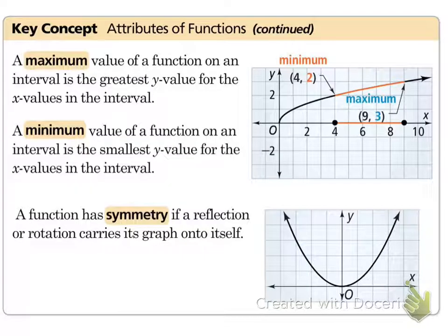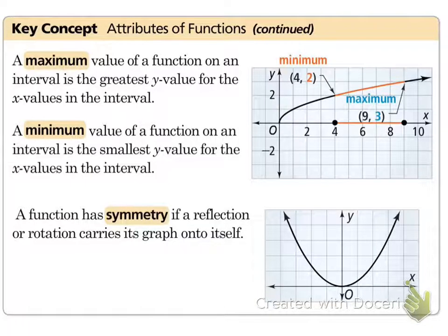Maximum is the maximum value over that interval, and it will be your maximum y value over that interval, and the minimum is the minimum y value over the x interval.